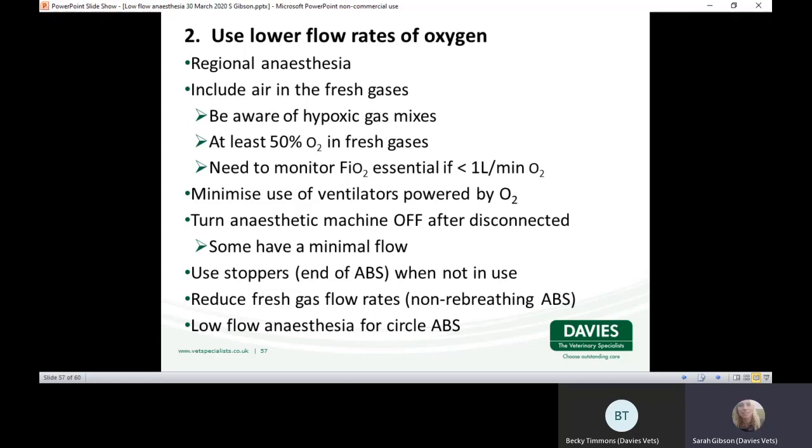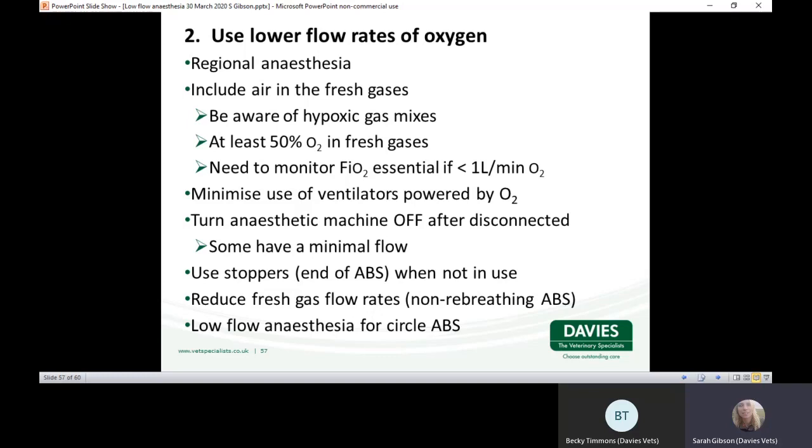Include air in the fresh gases where you can, but be aware of hypoxic gas mixtures. So use at least 50% oxygen in the fresh gases and monitor the inspired oxygen. And that is essential if you're going less than 1 litre per minute of oxygen. If you have ventilators in your practice, most of these are powered by oxygen, so a minimal use of ventilators will help reduce oxygen use.